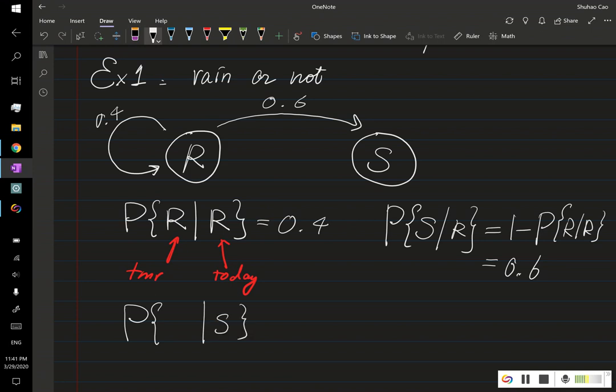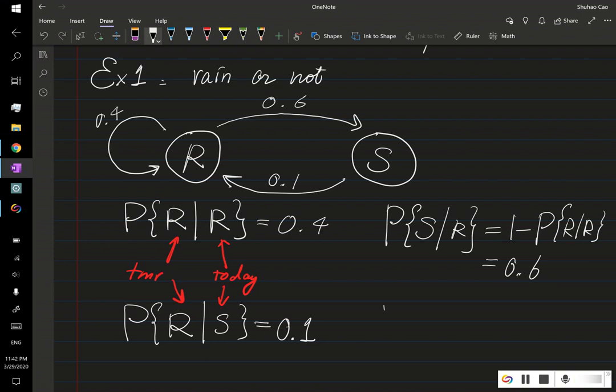Okay, so similarly, let's consider, given today, and here is tomorrow. Given today is not raining, the chance that tomorrow it's gonna rain, let's suppose, is 0.1. So if we're at the sunshine state, not raining, we have a 10% chance to go back to this raining state.